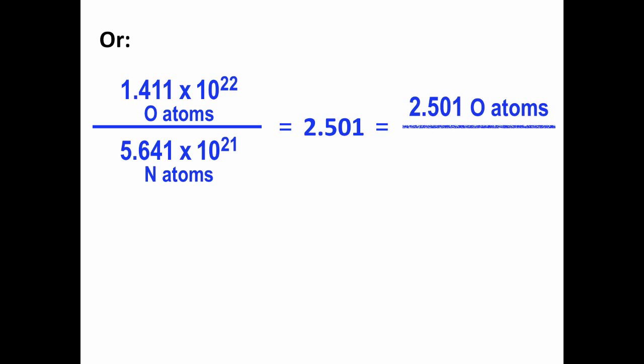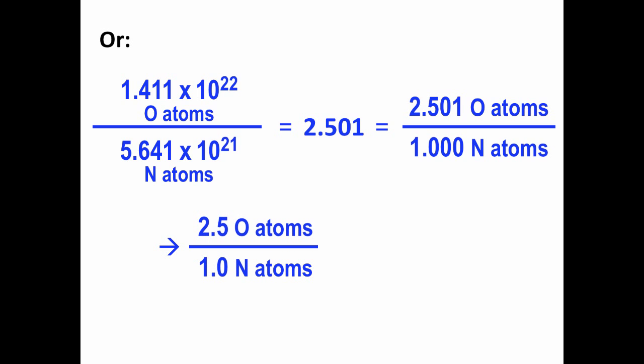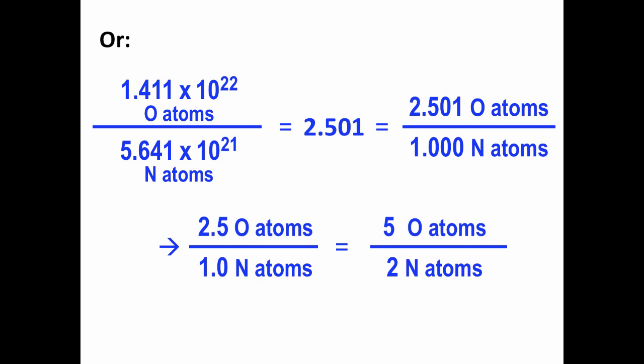And this is, of course, a ratio now of oxygen to nitrogen atoms, and a 2.5 to 1 ratio of oxygen to nitrogen atoms is a 5 to 2 ratio of oxygen to nitrogen atoms, and that small whole number ratio gives us the compound's formula, and it's N2O5. We get the same thing if we do an atom ratio as if we did a mole ratio.